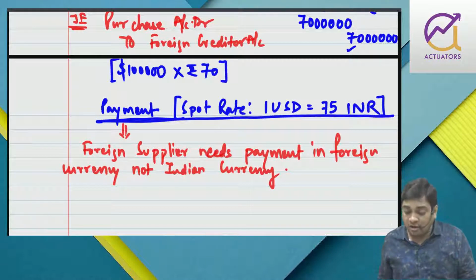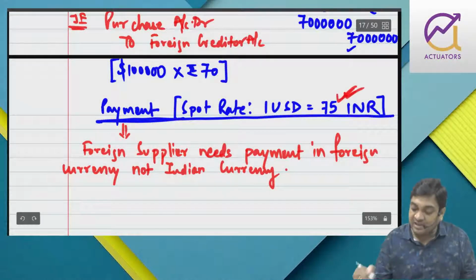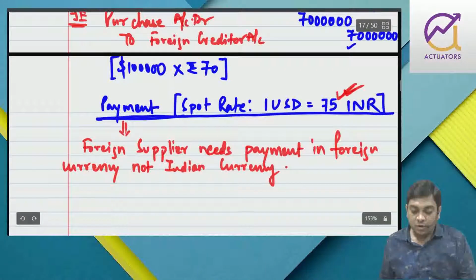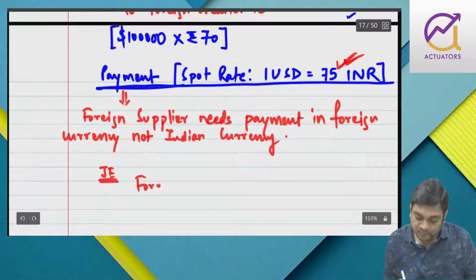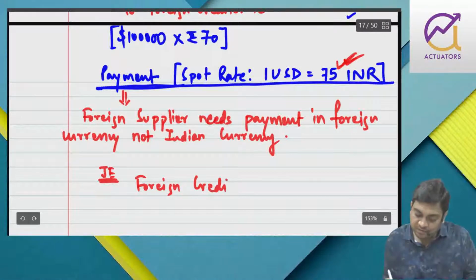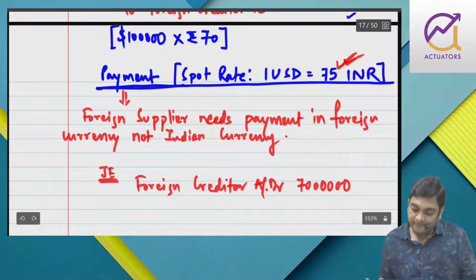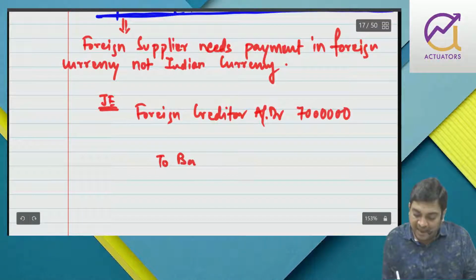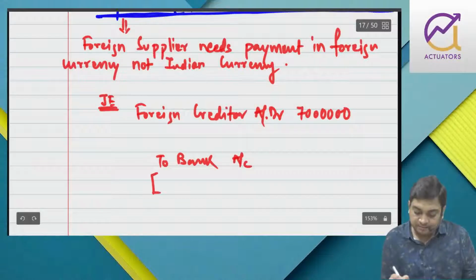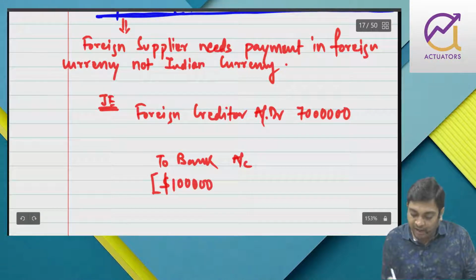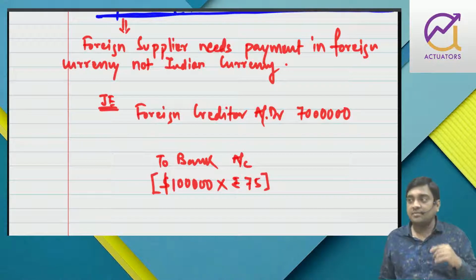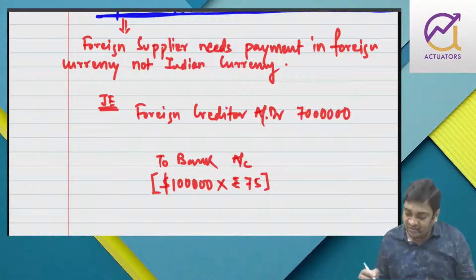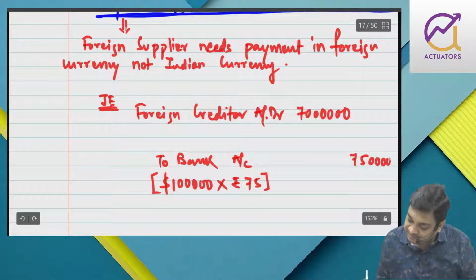So I have to buy 1 lakh dollar and that buying will take 75 rupees. So in my books, this foreign creditor is at 70 lakh, but I have to pay 1 lakh dollar into 75, that comes to 75 lakh rupees.